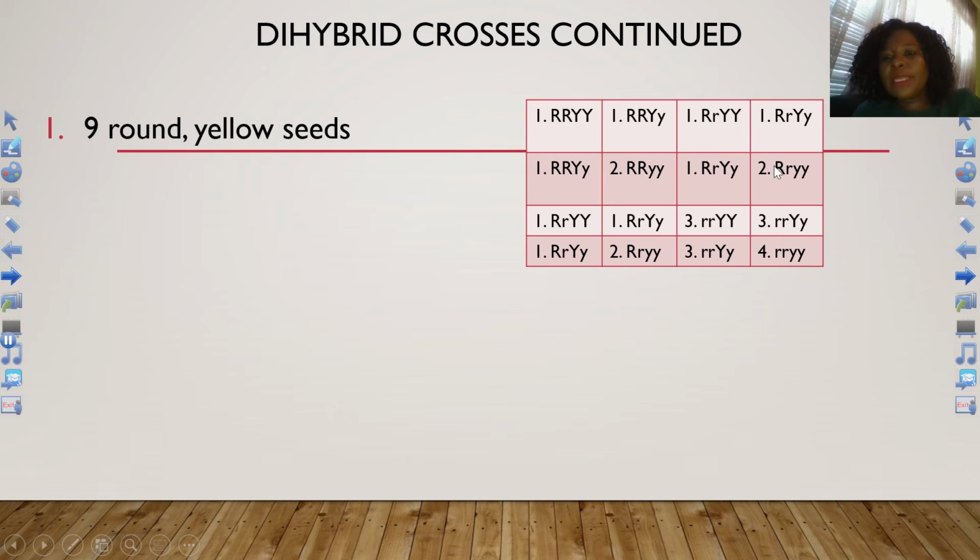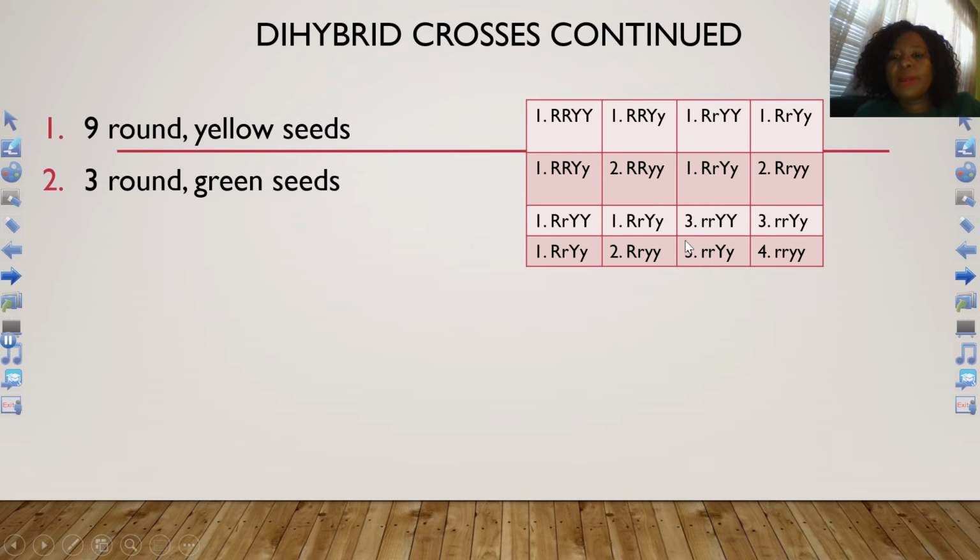The second one is capital R, small r, which represents round, and the y's, you've got 2 small y's, which also translates to round and wrinkled. So we can say in this Punnett square, we had 3 seeds that were round and green.